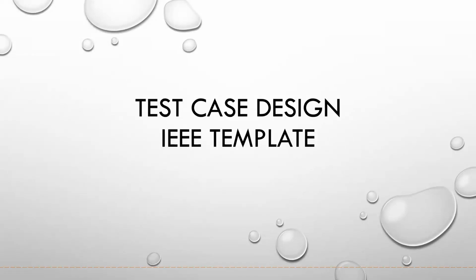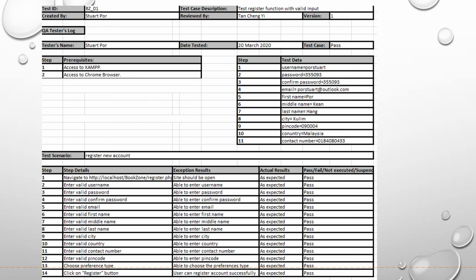Cheng Yi, matrix number 253814. After my friend explained the test case design, now I will show the test case design in IEEE template. This is the test case for the register, and this test case is created by Stuart Por and reviewed by me, Cheng Yi.